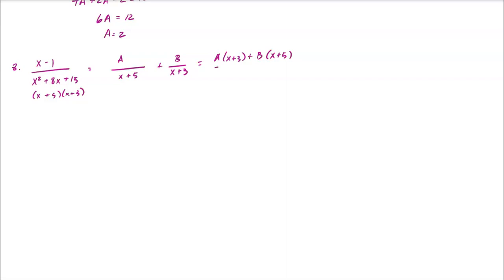Last one, number 8. We have x minus 1 over x squared plus 8x plus 15 equals a over x plus 5 plus b over x plus 3, which is a times x plus 3 plus b times x plus 5, over x plus 5 times x plus 3.